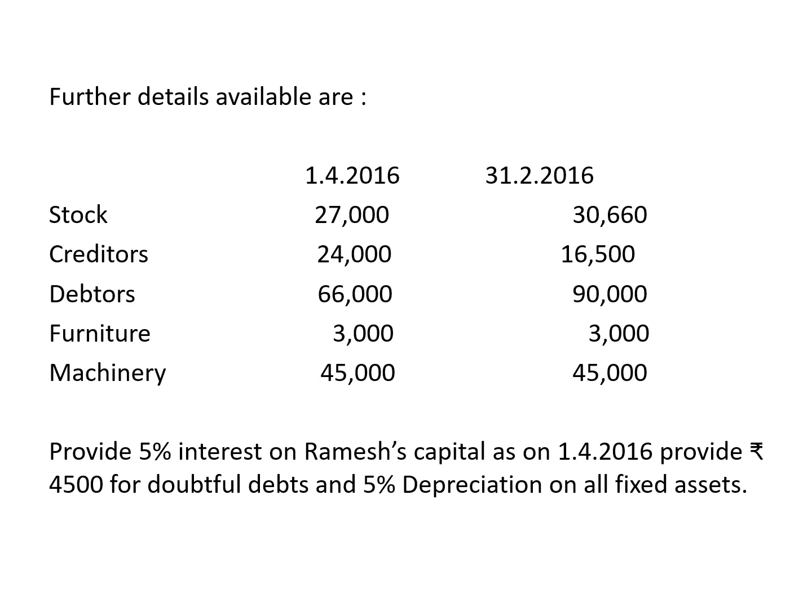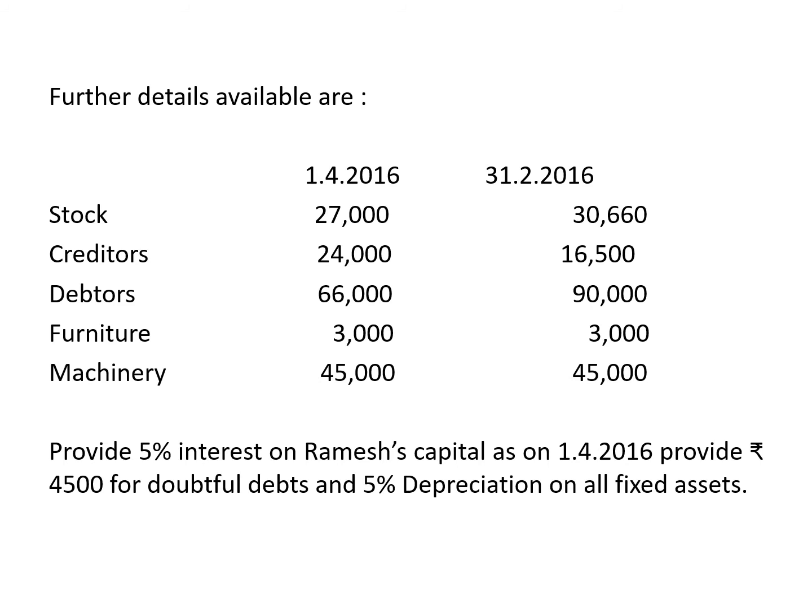Then closing stock is given 30,600. Where will you take this closing stock? One is trading account towards credit side. So we take opening stock towards debit side and closing stock towards credit side of trading account. Then one more place will be balance sheet. So finally in the balance sheet we should not forget to take this closing stock of 30,600.